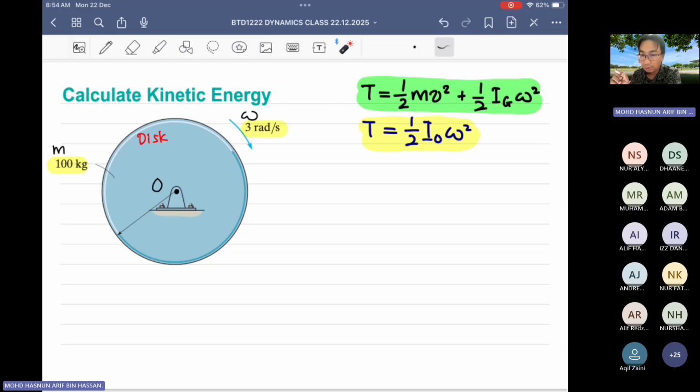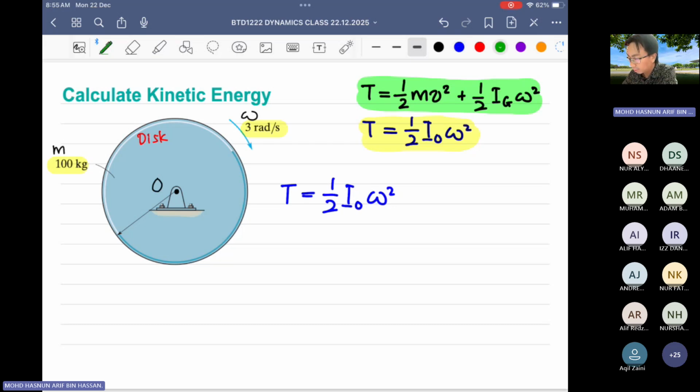It is on the same point. Okay. So now we have decided that to calculate the kinetic energy of this, let's use T is equal to 1 over 2 Io omega square. O being the center point. O and G are, in this case only, the same point.